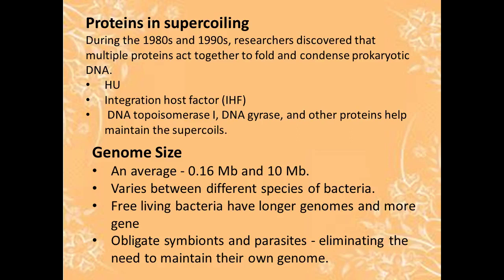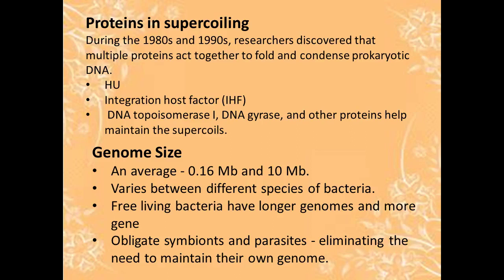Then, talking about the genome size, an average bacterial chromosome is between 0.16 megabase and 10 megabase. 1 megabase is equal to 1 million base pairs, which are adenine, guanine, cytosine, and thymine. The length of the genome varies between different species of bacteria. Comparatively, free living bacteria have longer genomes and more genes than bacteria that are obligate symbionts and parasites.